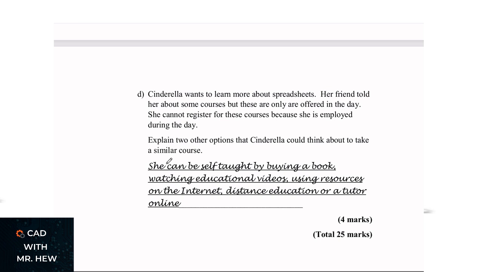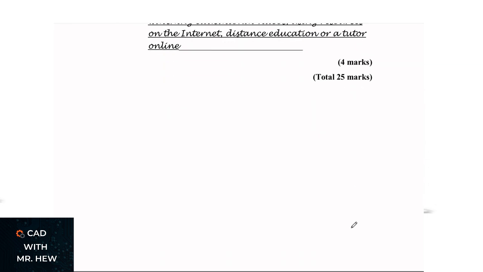So she can be self-taught by purchasing a textbook. She could watch educational videos. She could use online resources on the internet. She could use distance education, which is online schooling, or a tutor online. This question is worth 4 marks, and the total marks for this question is 25 marks.